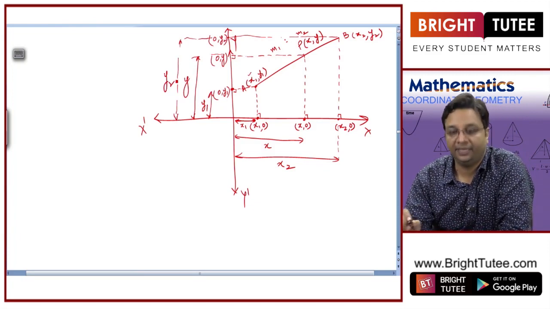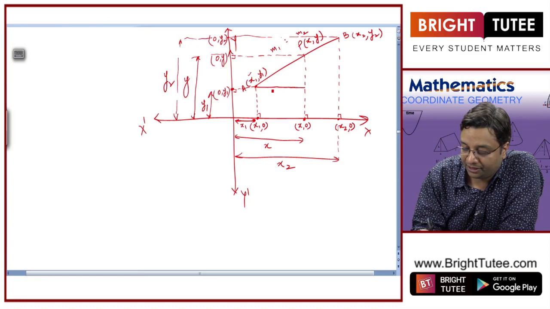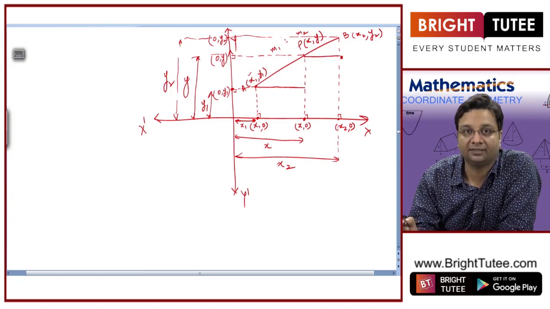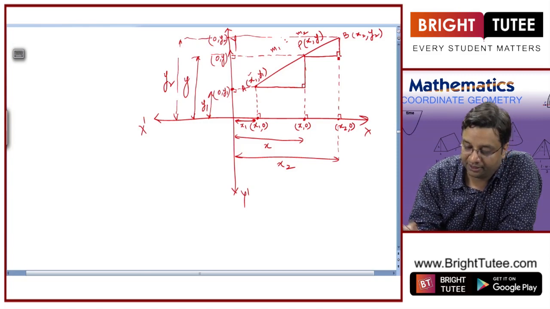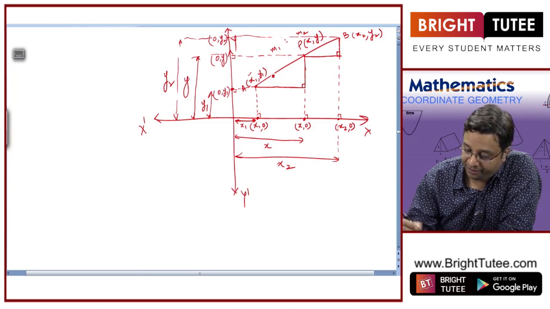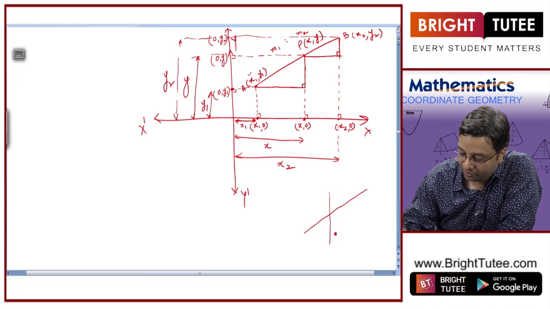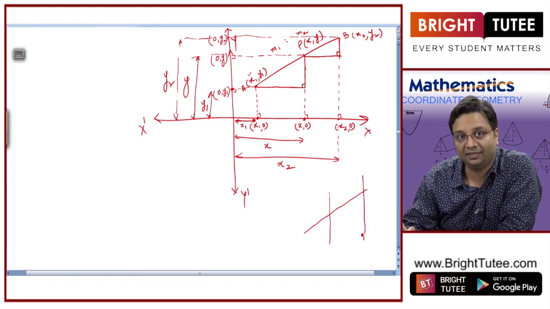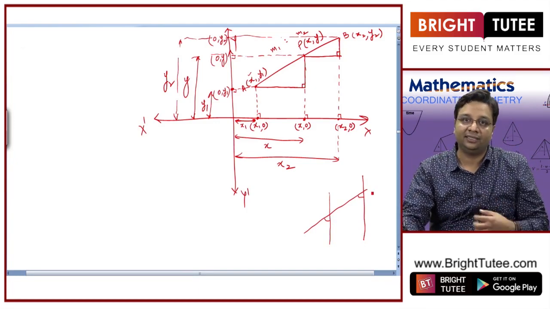Now if I make triangles like these, let me draw these parallel lines. This is parallel to the x-axis, and these lines are parallel to the y-axis. So obviously this angle will be 90 degrees. And also this line AB. If I draw two parallel lines like this, these angles will be equal because these are corresponding angles.